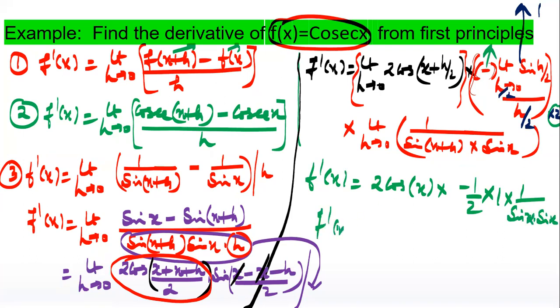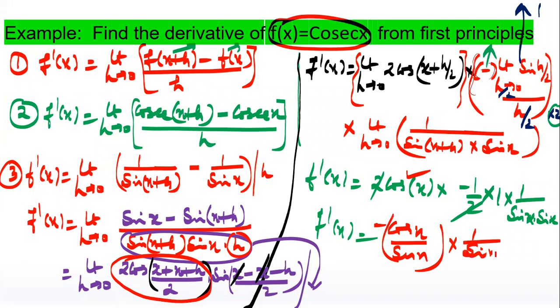f'(x) will become, 2 will cancel out, cos x upon sin x, minus sign is there, into 1 upon sin x.